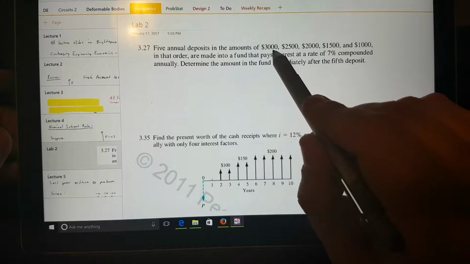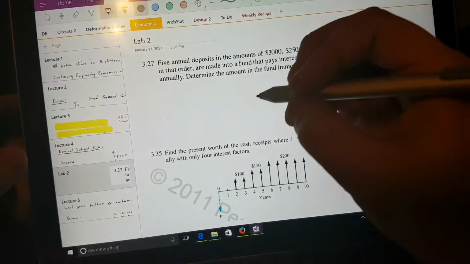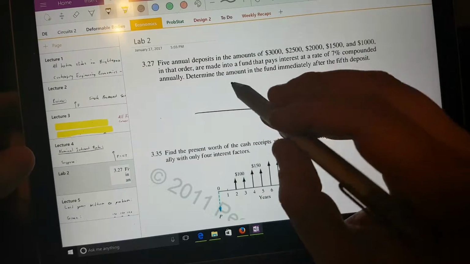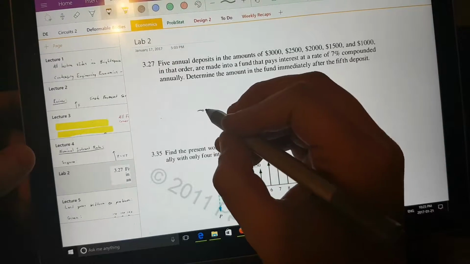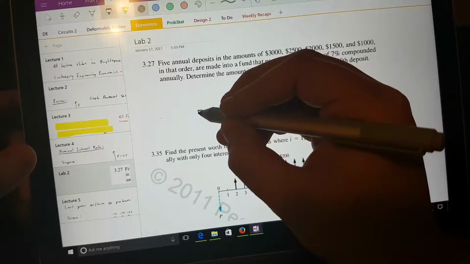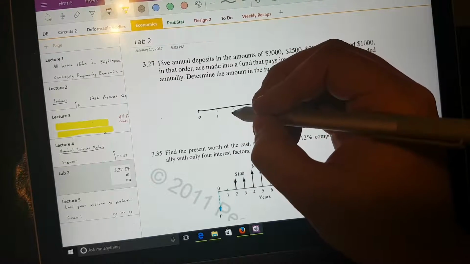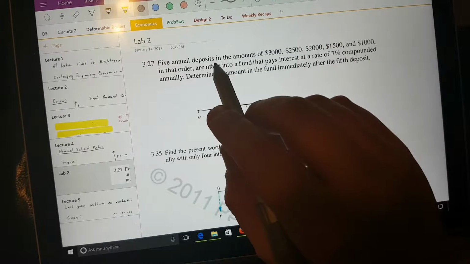So deposits mean money is going in. We'd have a cash flow of annual deposits in years 0, 1, 2, 3, 4, 5.